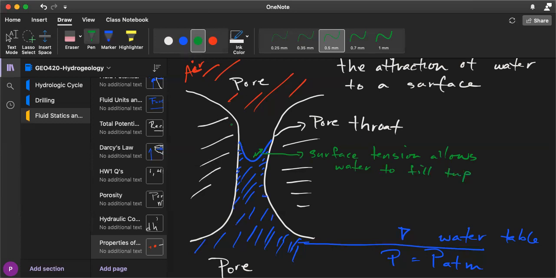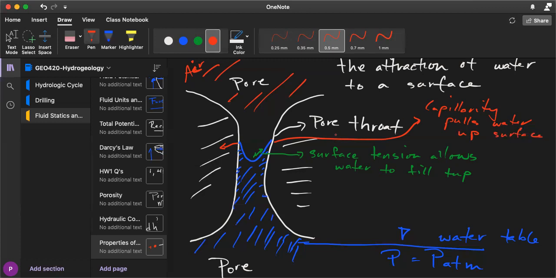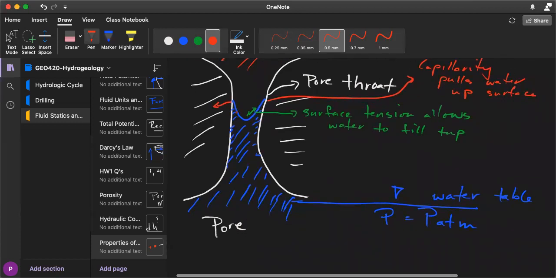And capillarity pulls up the surface. If I zoom in here, there's an angle that the water makes with the side of the mineral, this angle here, theta.